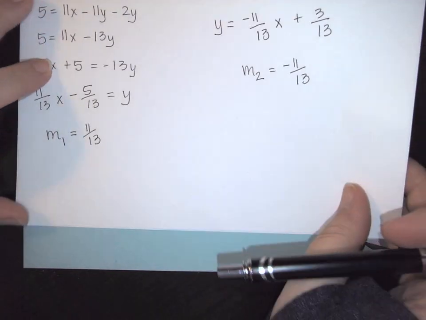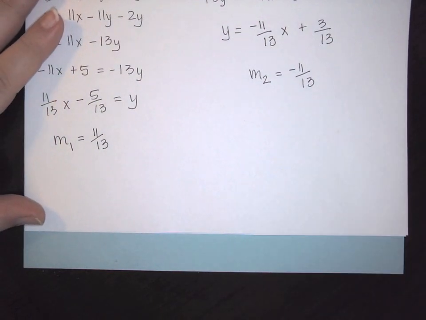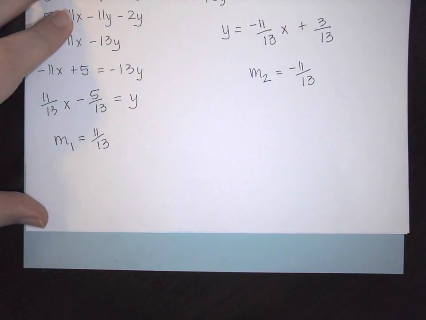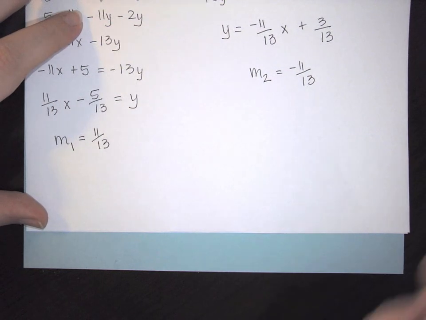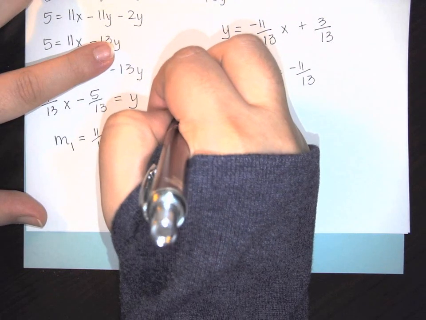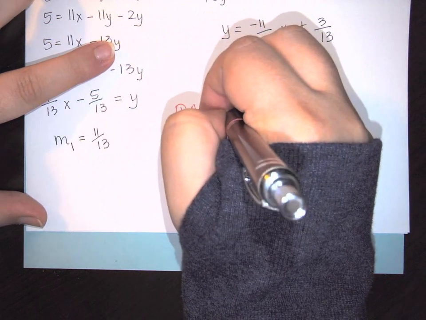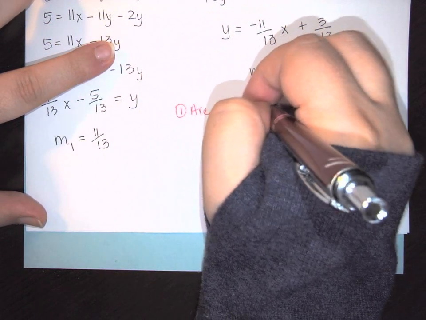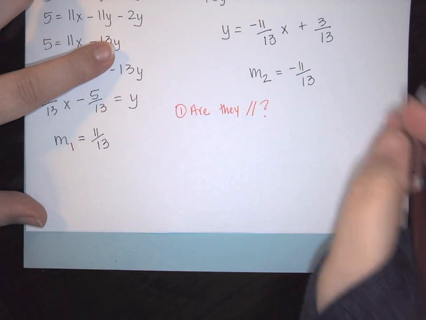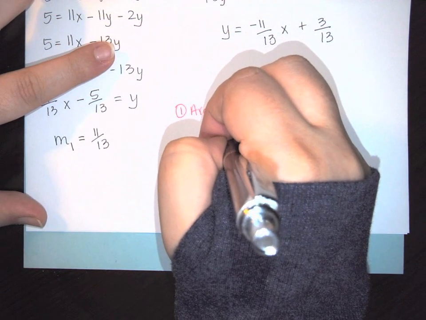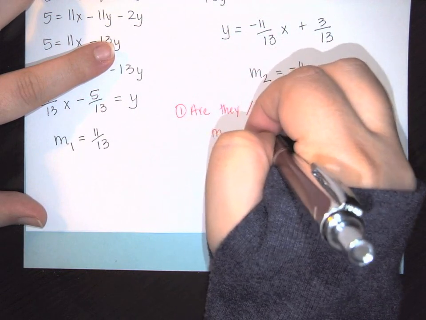So once we find our two slopes, we have to now test them. So the first thing that we need to test is, are they parallel? So we're looking at m1 equaling m2.